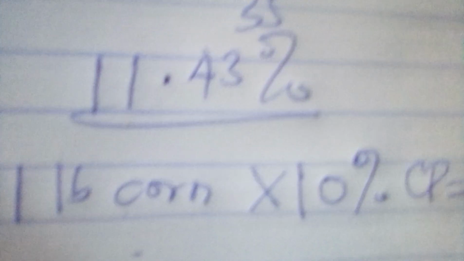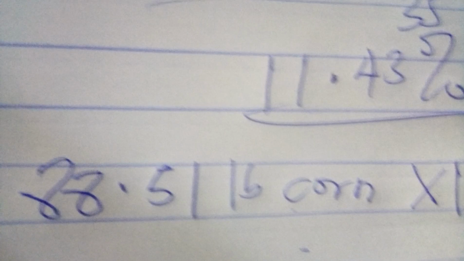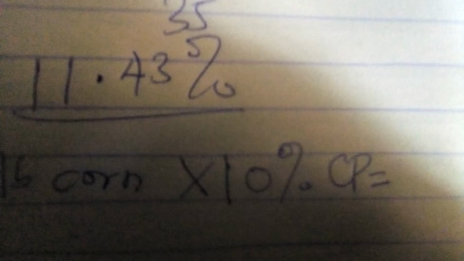The digestive crude protein of corn is 10 percent crude protein. So when you calculate that, your answer will be 8.86.